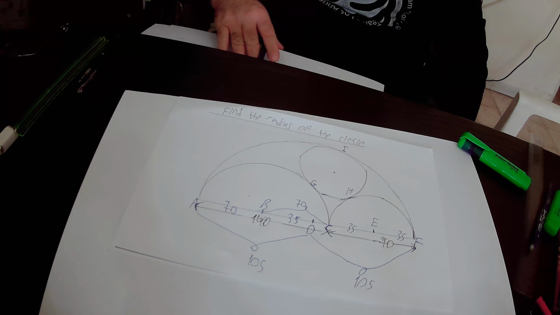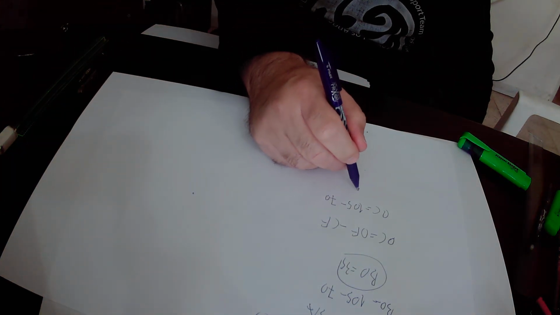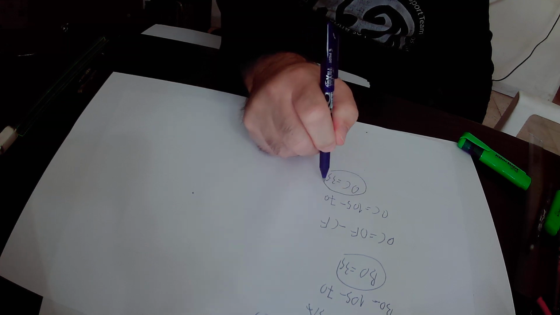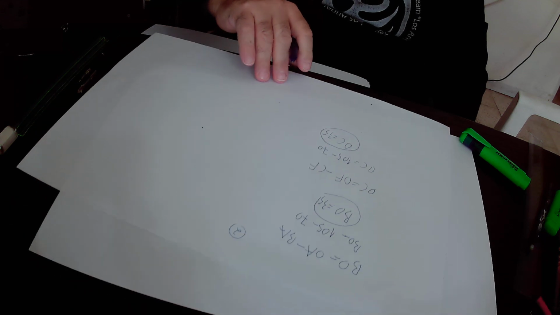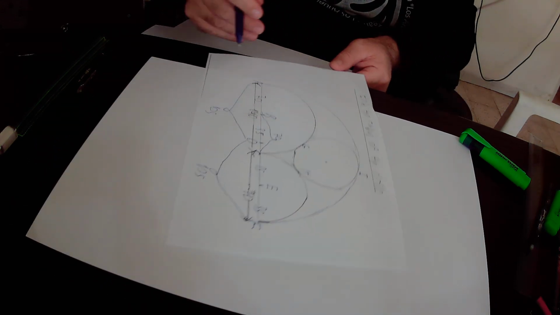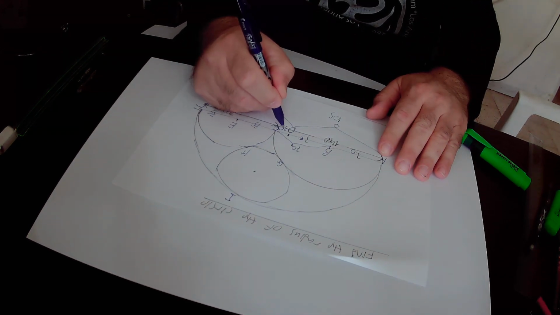So in conclusion, we found out that OC equals 105 minus 70, which is 35 units. So OC equals 35 units. Line segment OC equals 35 units in length.